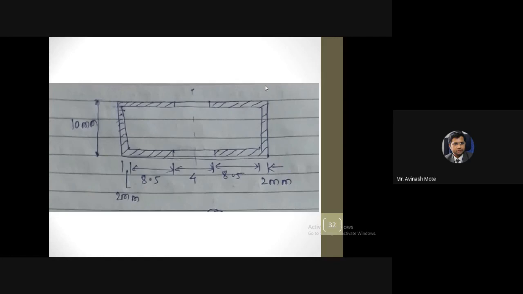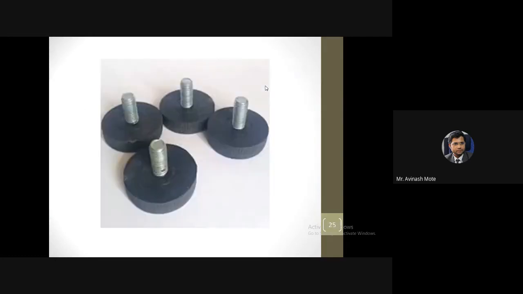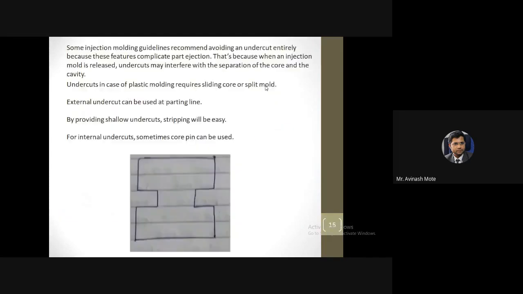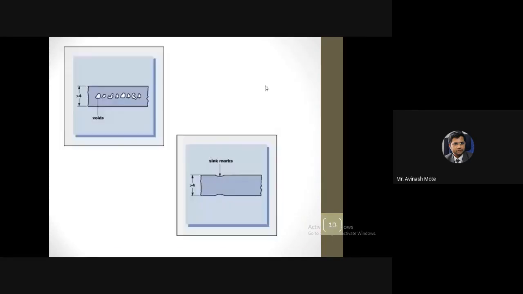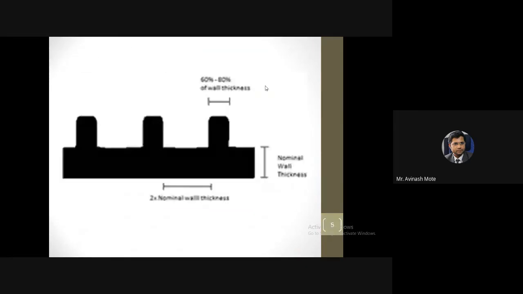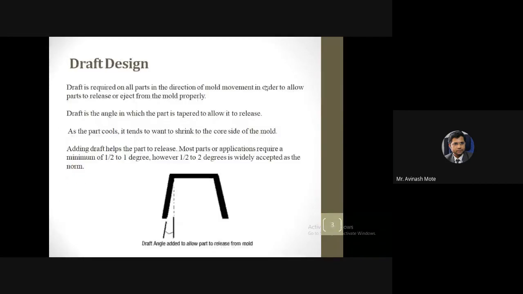So there was one concept, recall. I'll take you to that slide. It was nothing but this one, draft. Okay, rather than going for plane surface, go for the inclined, give some inclination.